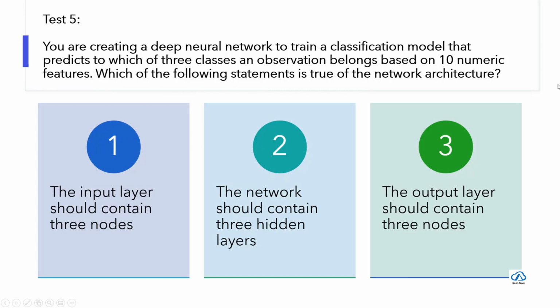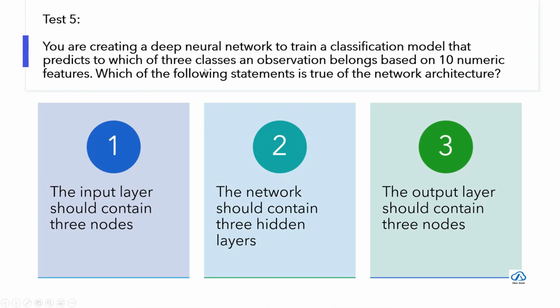If I make the question a bit easier, you are designing a deep neural network that takes 10 values as input and the output is one of three, like 0, 1, or 2, which is three classes. So which one is true? The input layer should contain three nodes, the network should contain three hidden layers, or the output layer should contain three nodes. Which one?